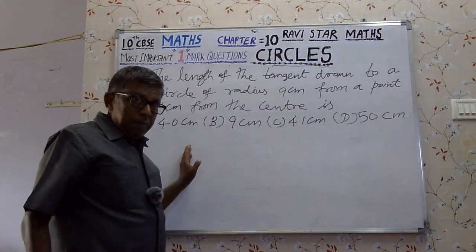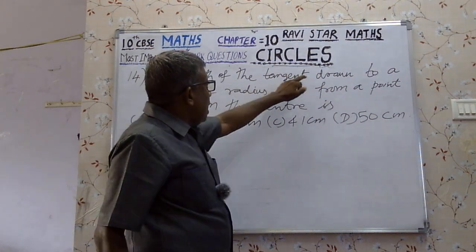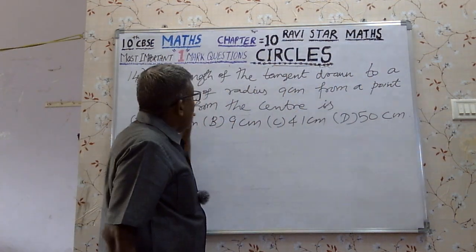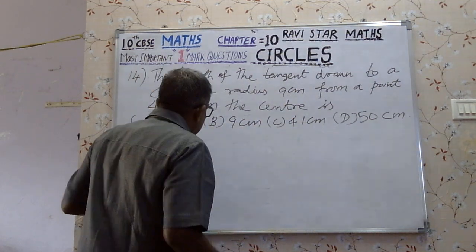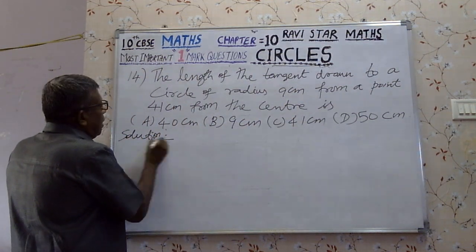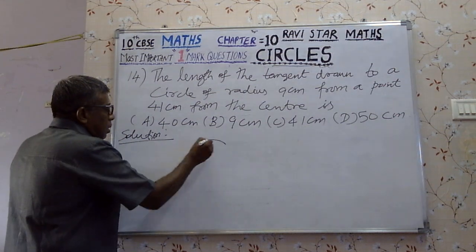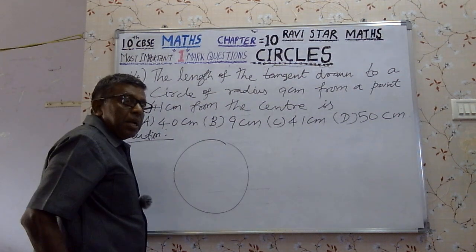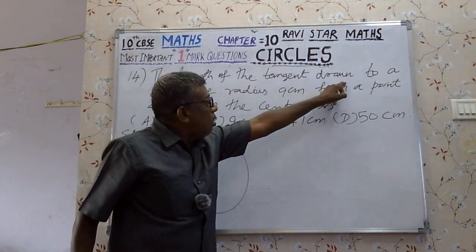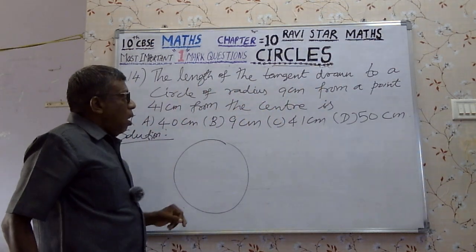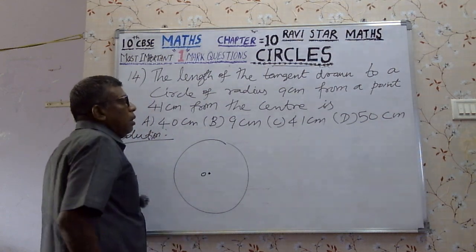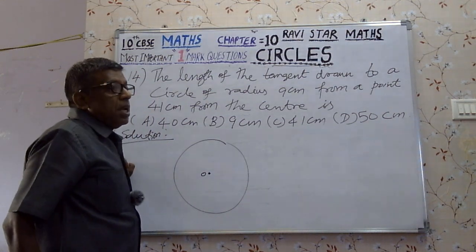Now I am going to draw the diagram. A circle. The radius of the circle is 9 centimeter.